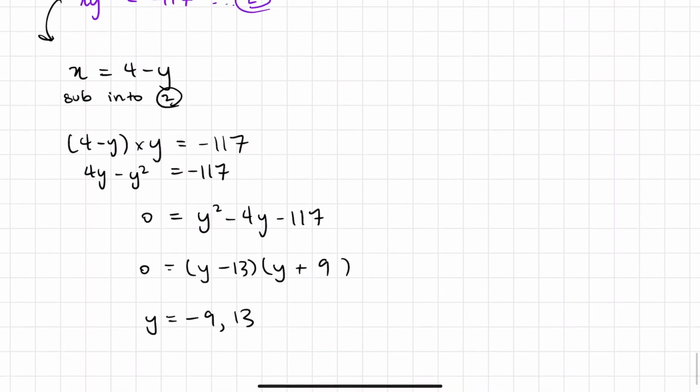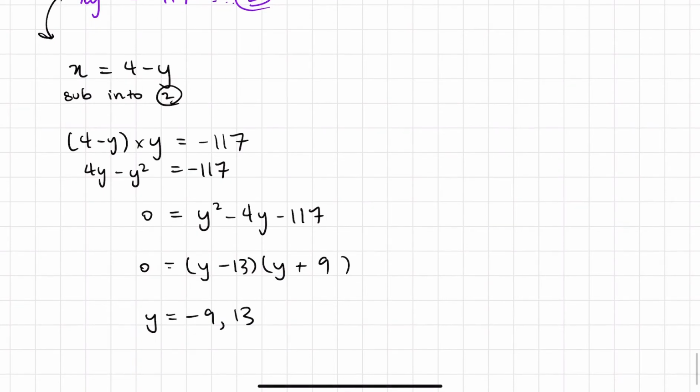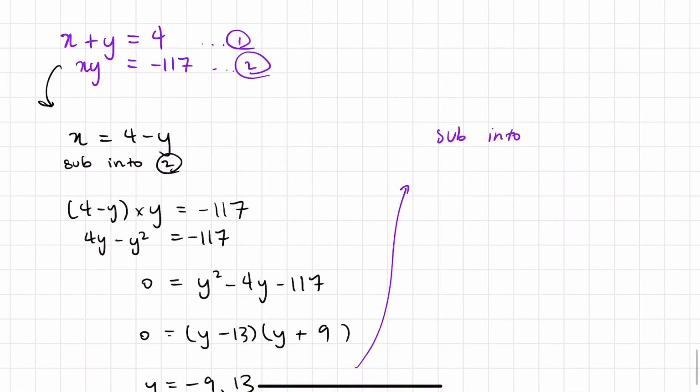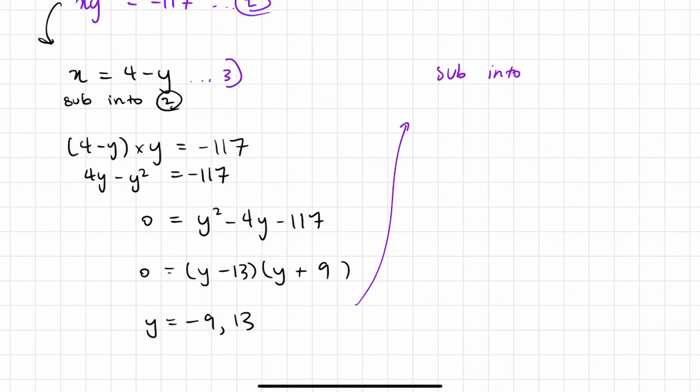Cool, so now that we have these two answers, let's bring this over here and sub into equation 3. In equation 3, we already have x as the subject, so x equals 4 minus y. With y as negative 9, this one is 4 plus 9, which is 13.